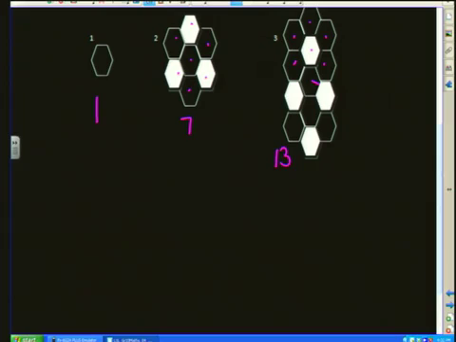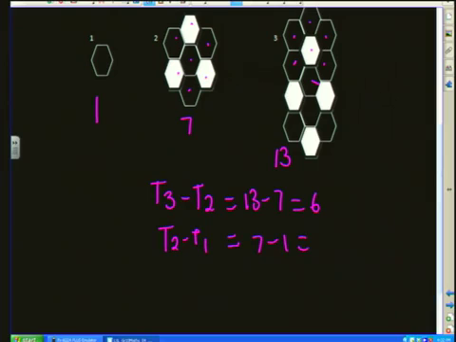First thing we need to determine is, is it arithmetic? How do we determine that? We say term 3 minus term 2, so 13 minus 7, and I get an answer of 6. And then term 2 minus term 1 is 7 minus 1, which is 6.